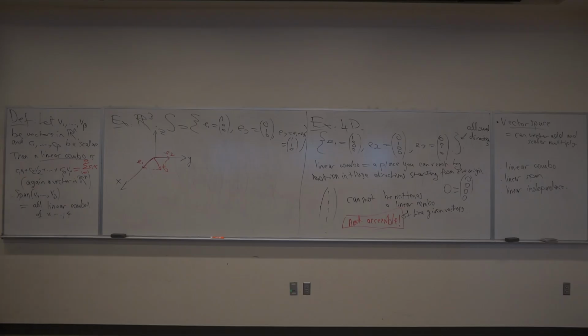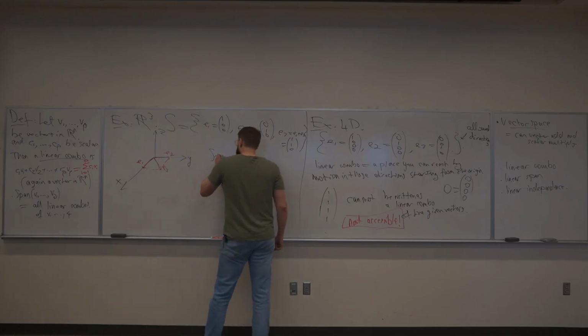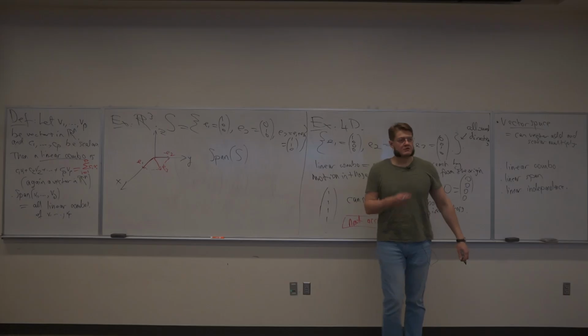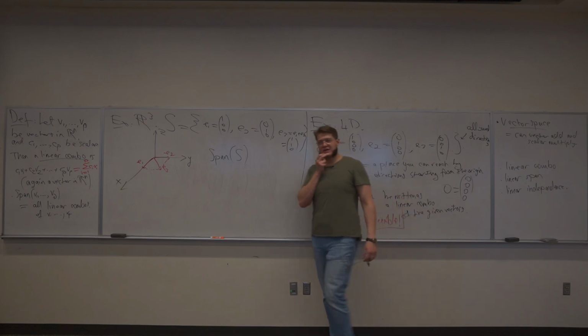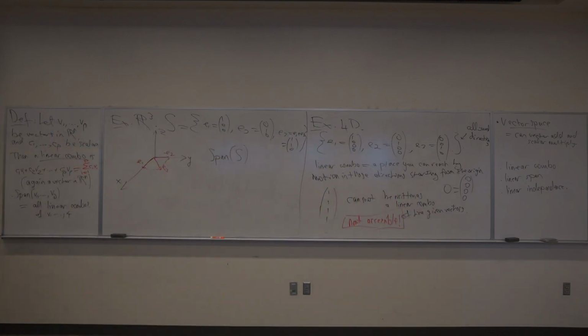Now, what is the span of this set S? Okay, any other guesses? Maybe you can say a couple words about why that should be the answer. The span is defined by all linear combos you can make.